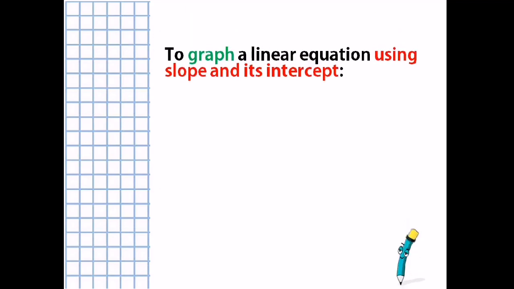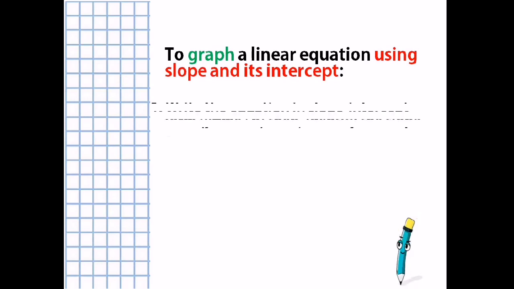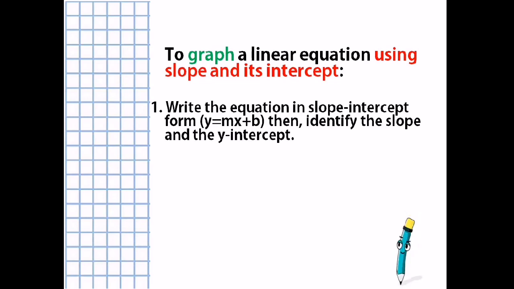So to graph a linear equation using slope and its intercept, these are the steps that we need to follow. First, write the equation in slope-intercept form, y equals mx plus b, then identify the slope and the y-intercept.